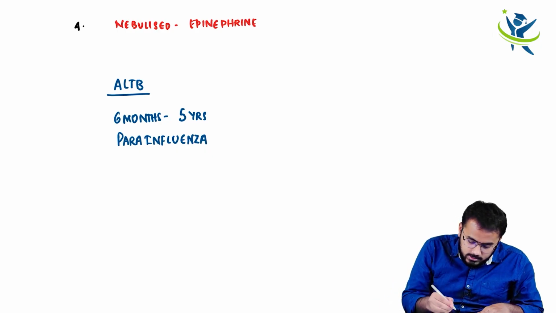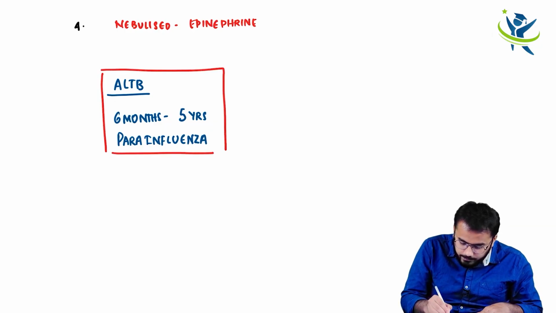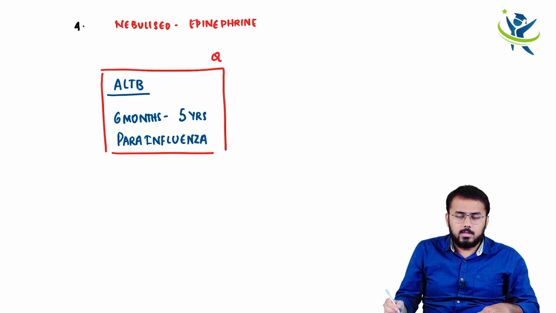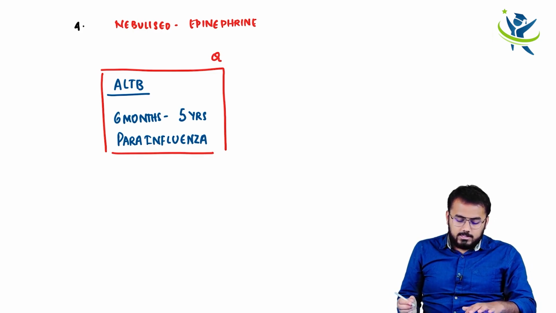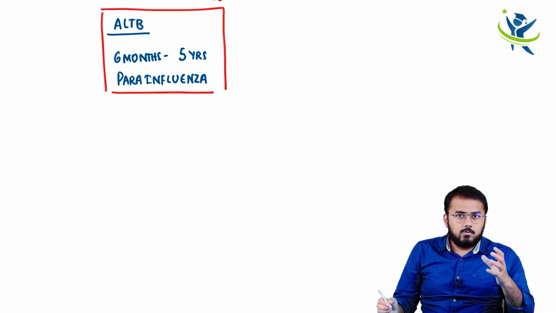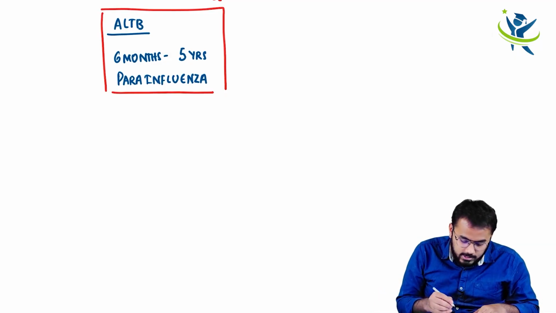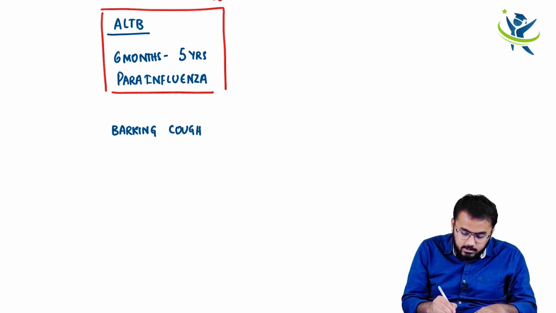Okay, so this is one very important box, guys. The second important box is that this is an upper respiratory tract infection, I agree, but what type of cough do you see here? Obviously, you will hear a barking cough. Apart from barking cough, what can you hear?